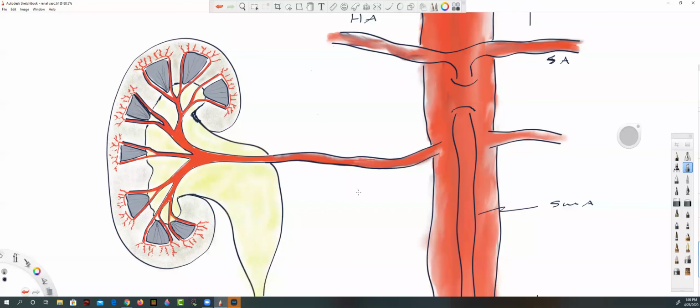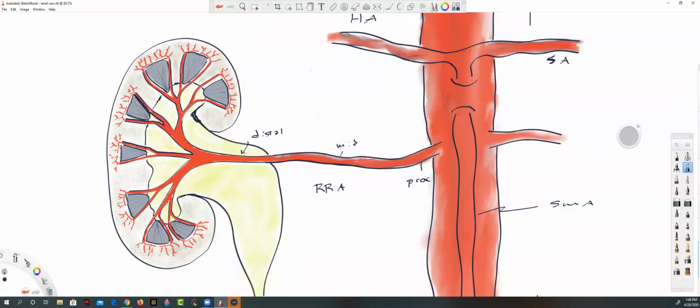So that's the right renal artery all the way across here, and this would be prox, mid, and distal.